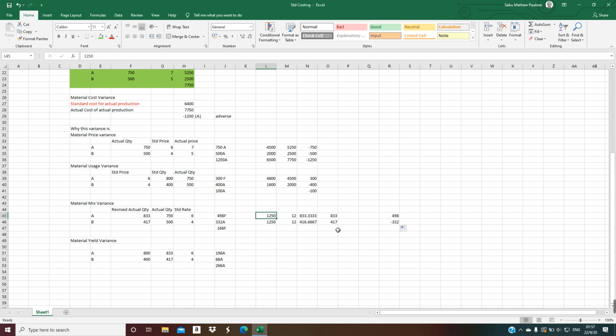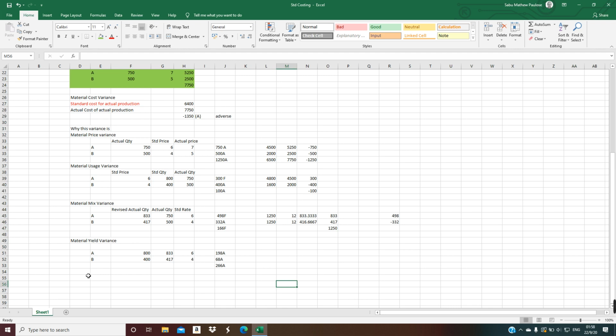If we used it in that proportion, we should have used material A 833 units and B 417 units, but the actual usage is 750 and 500. That is due to the change in the mix. So 166 favorable balance is coming.